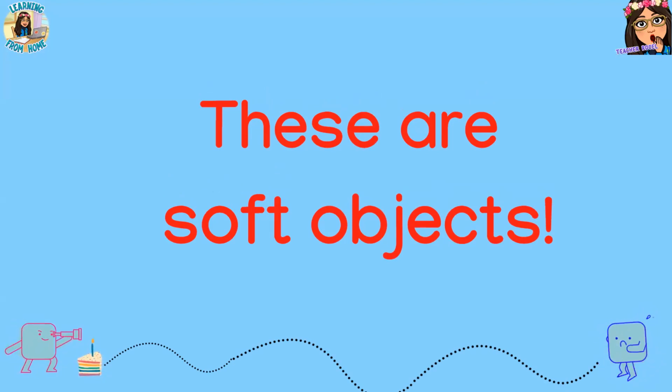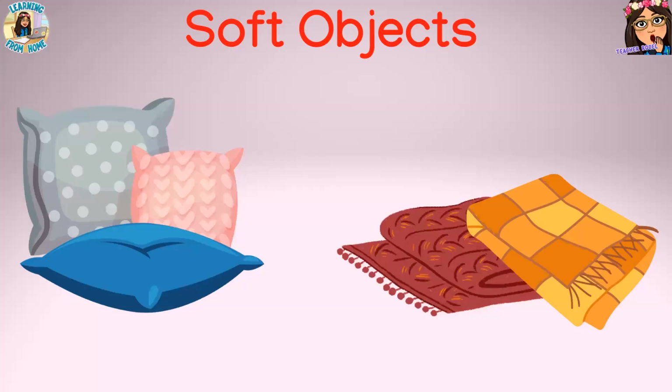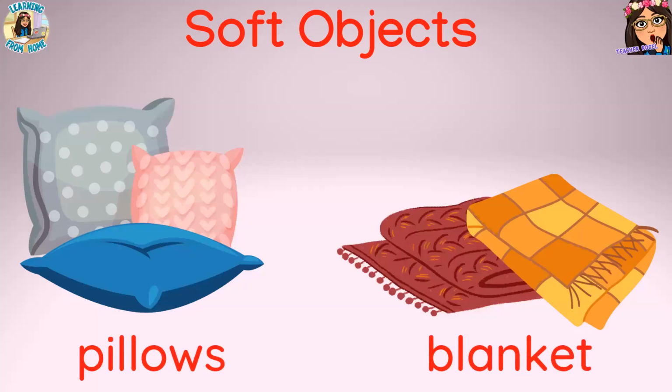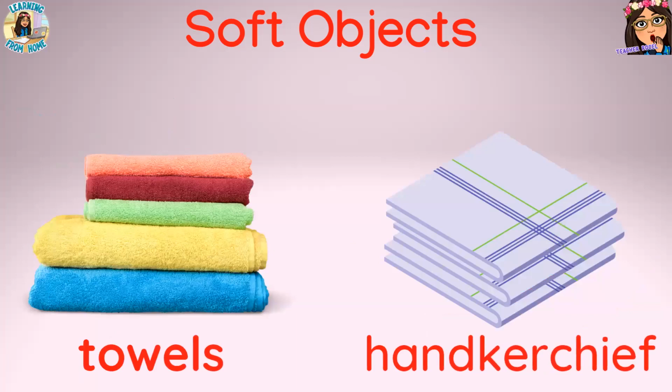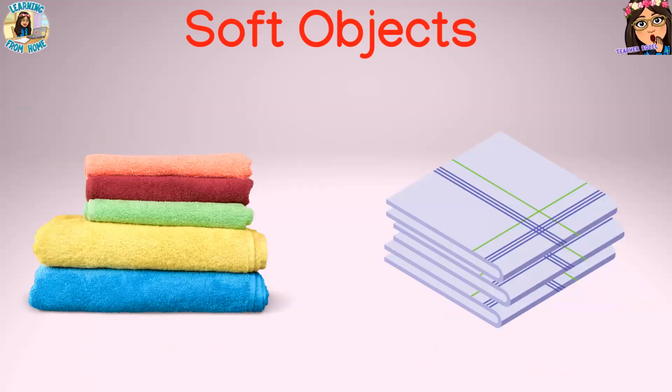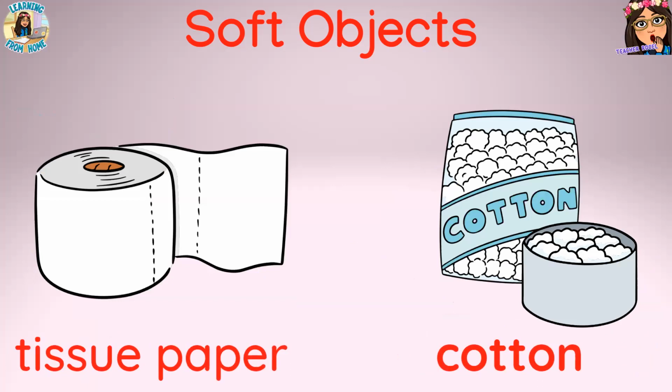Now let's go to some examples of soft objects. When we touch these soft objects, we can feel a nice feeling and we can feel comfortable with these things. All right. So let's start. Pillows and blanket. Next, towels and handkerchief. Next, tissue paper and cotton.